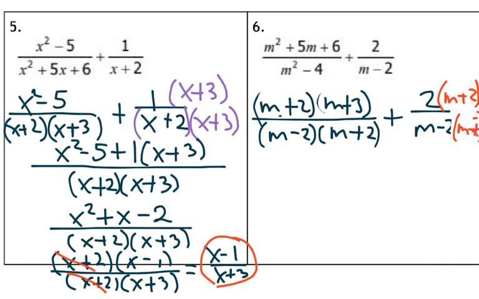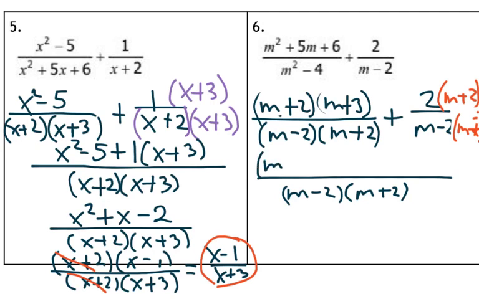And it's still, that's m plus 2. So now we are going to have, remember, keep the denominator and add the numerators. So I have m plus 2 times m plus 3 plus 2 times m plus 2.